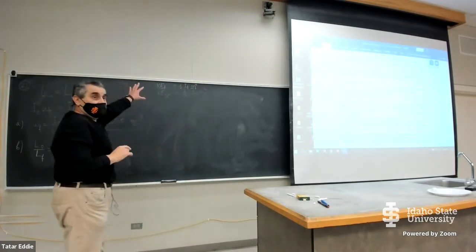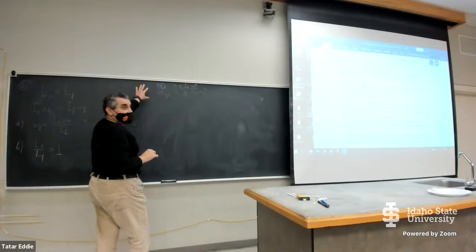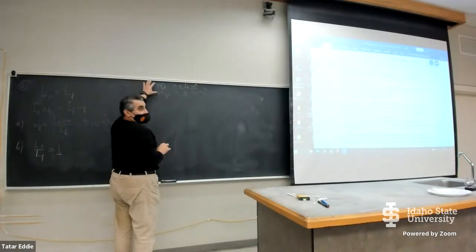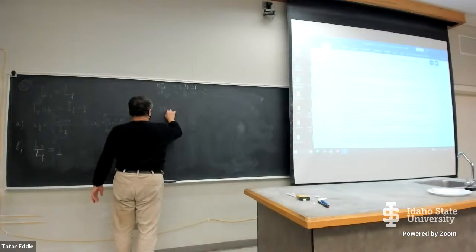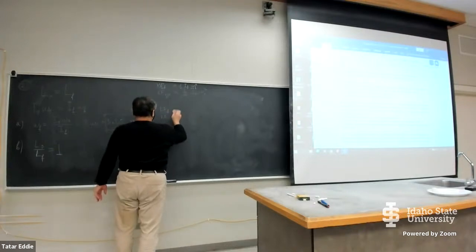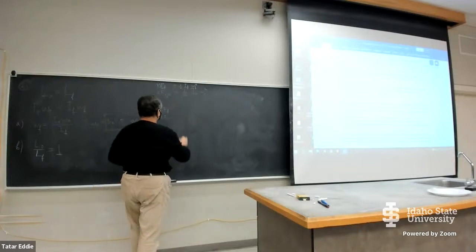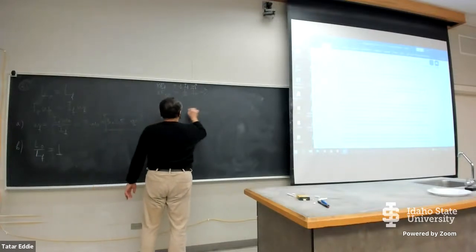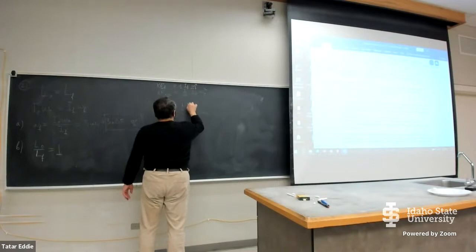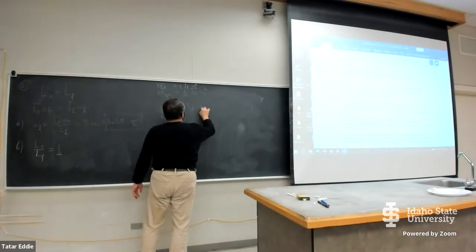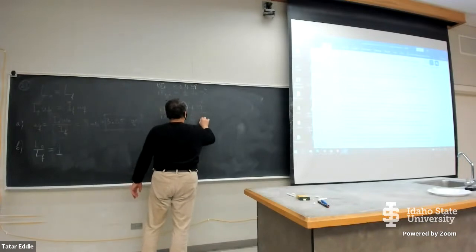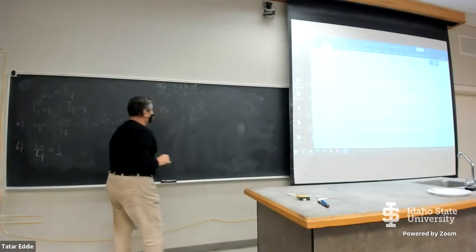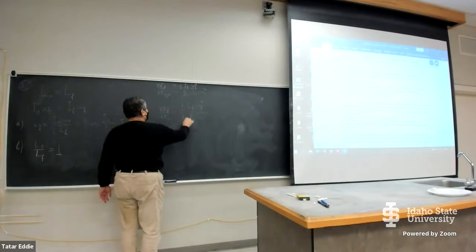So they want the ratio of final to initial, so divide those two equations, and you're going to get kinetic energy final divided by kinetic energy initial. Both of them are rotational, of course, is equal to 1/2 I final omega final squared divided by 1/2 I naught omega naught squared, like this. So 1/2 cancels out.